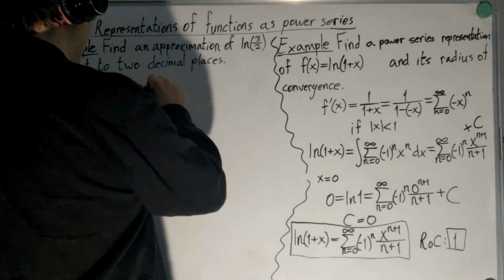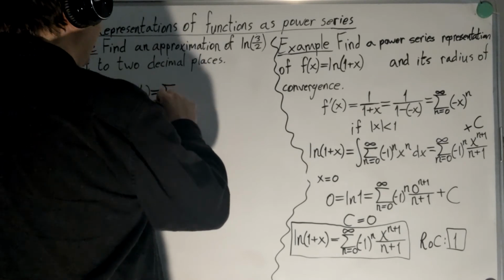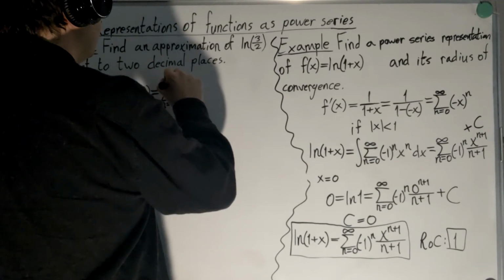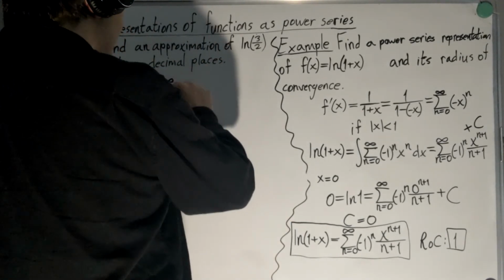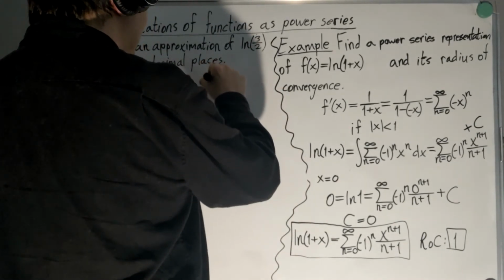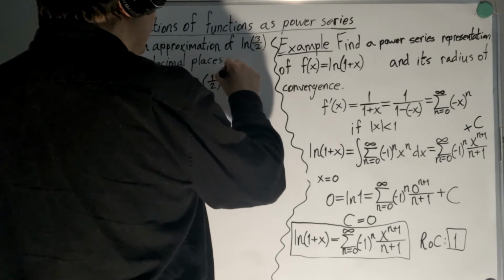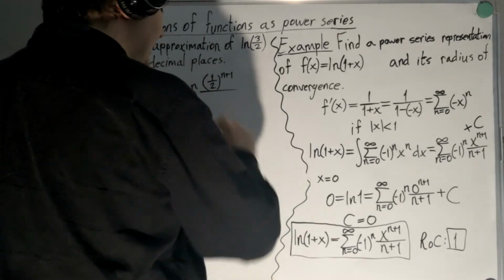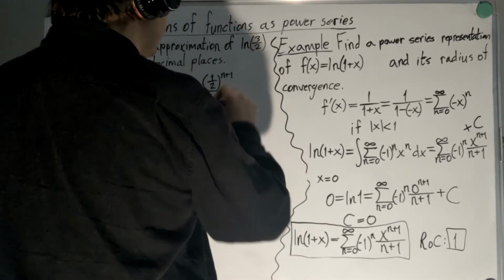So then this actually is the sum from n equals 0 to infinity of -1 to the n times 1/2 raised to the n plus 1 divided by n plus 1.